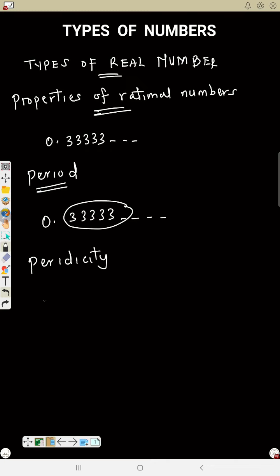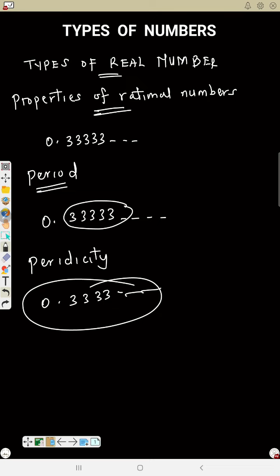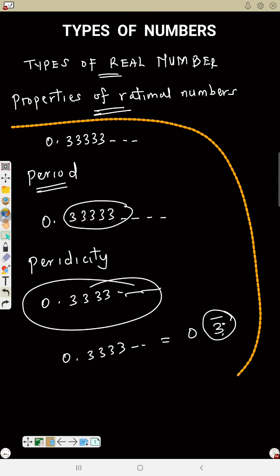For example, 0.3333, like that. What is the periodicity of this decimal? You remember I said 0.333 can be shortened as 0.3 with a bar on the 3. That means the periodicity of this number is 1, because it's one digit that is repeating continuously.